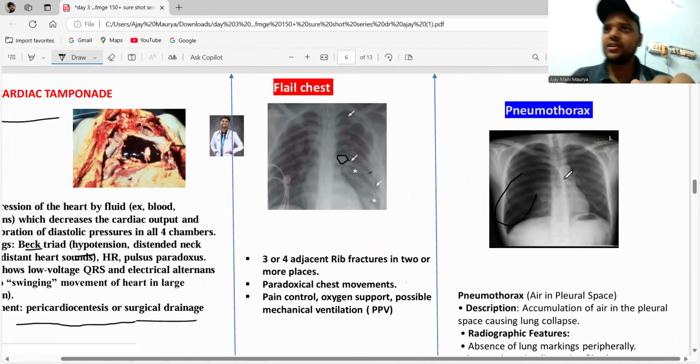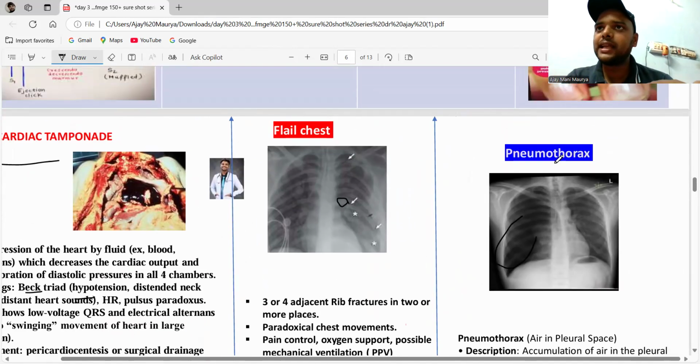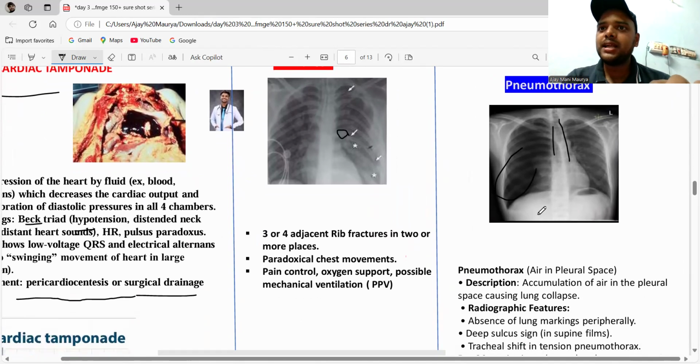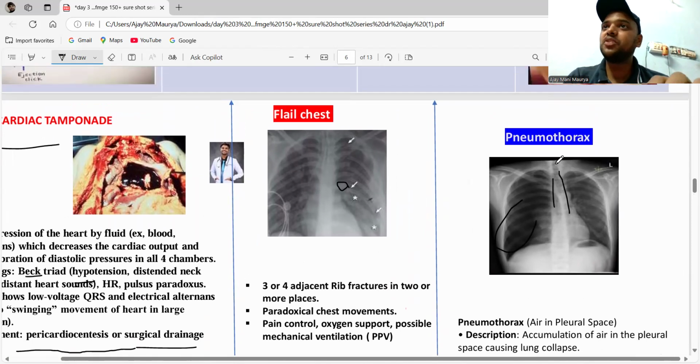Now see here, is there any tracheal deviation? No. Nothing.